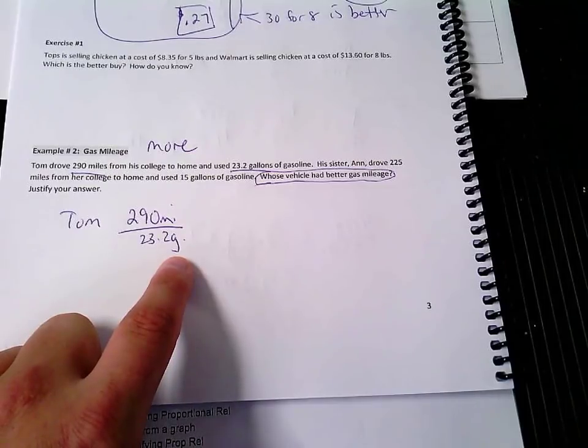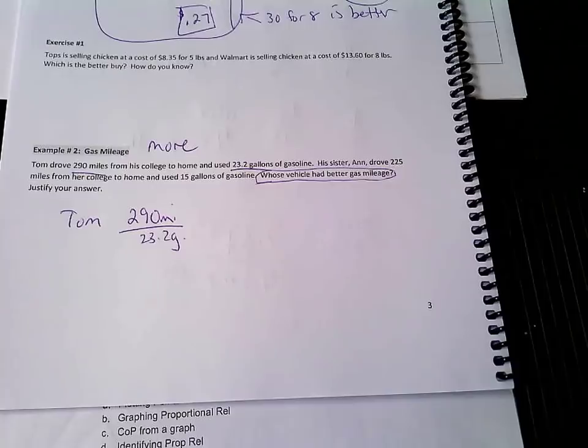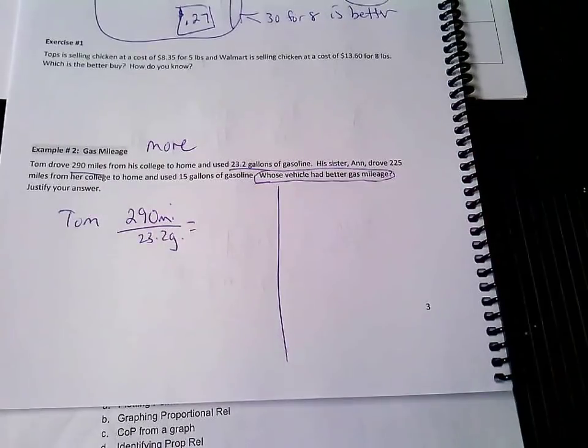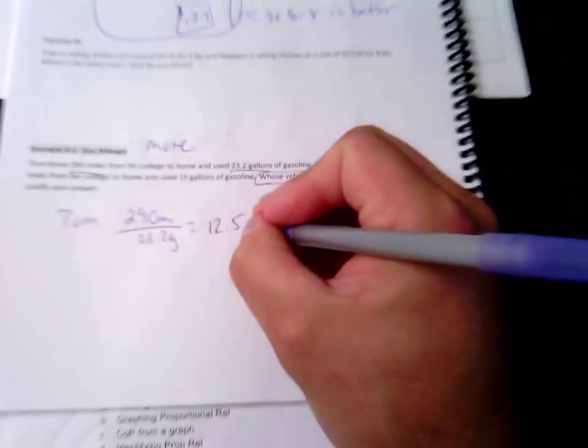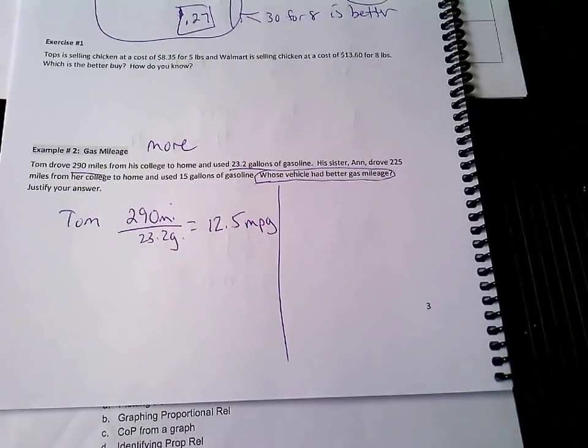We wouldn't say how many gallons do I need to drive 1 mile. That's not something we would measure. So we do the division using the calculator, and saving you some math, I get 12.5 mpg, which means miles per gallon.